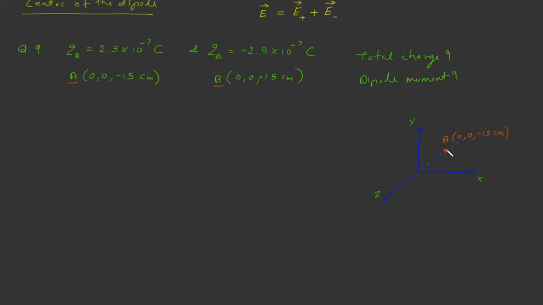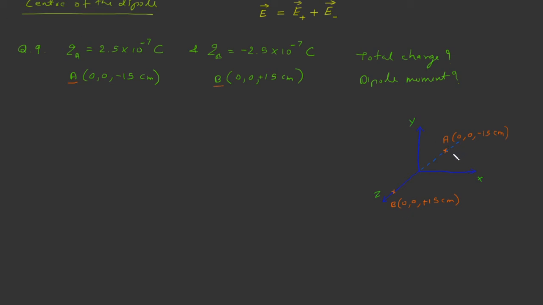So I got this point as A. And where will be B? It is 0, 0, plus 15, that is in positive z-axis. So this point is B, that is 0, 0, plus 15 centimeter.